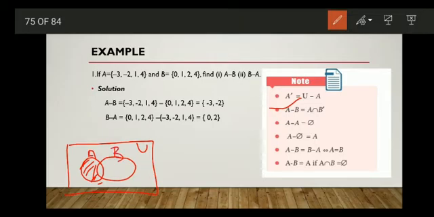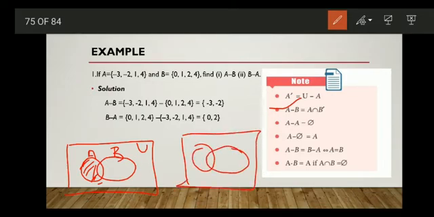So A intersection B complement. First we'll draw B complement. B complement means elements other than B. Right. So we take elements of A also. So this will be B complement.